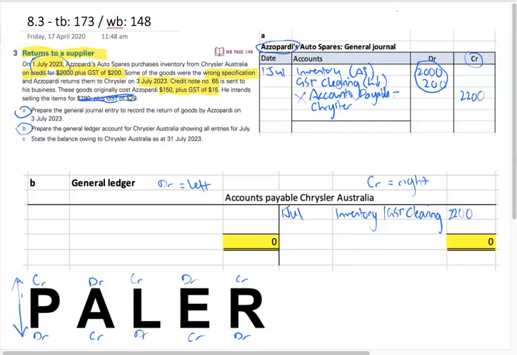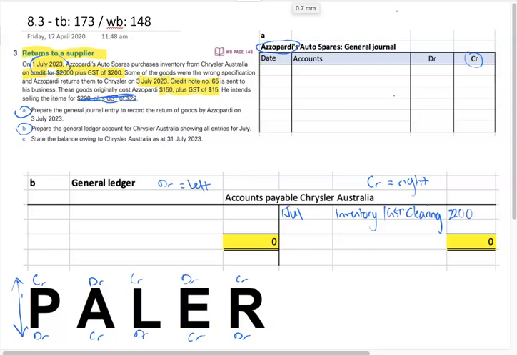Let's now think about how we would actually record the return of the goods on the 3rd of July. We are essentially doing nothing more than reversing a part of that transaction. We owe Chrysler Australia $2,200, and it's clear that we weren't happy with some of it. We weren't happy with some of that inventory.